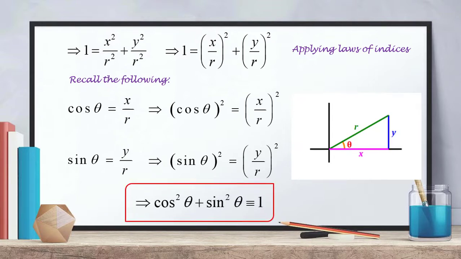So we have 1 identical to cosine squared plus sine squared. That is how we derive our first Pythagorean identity.